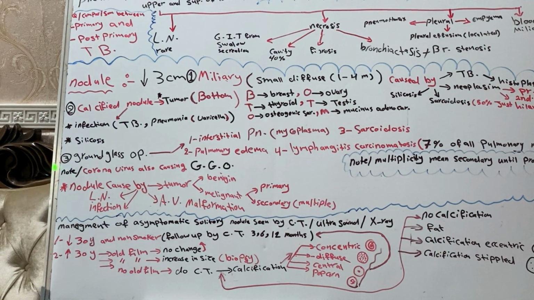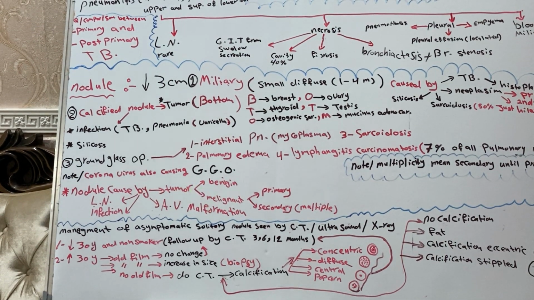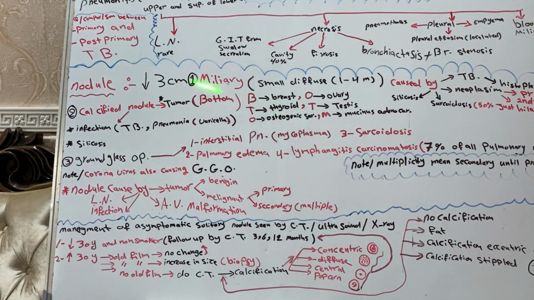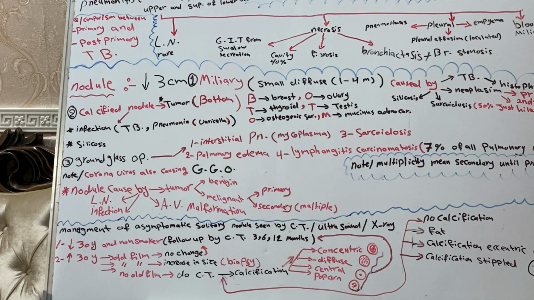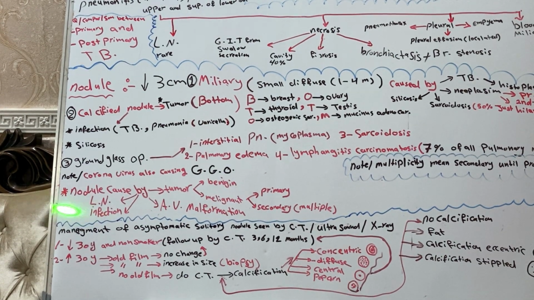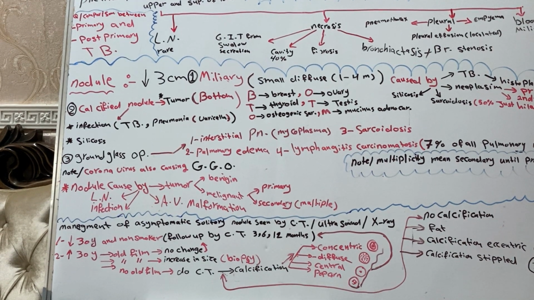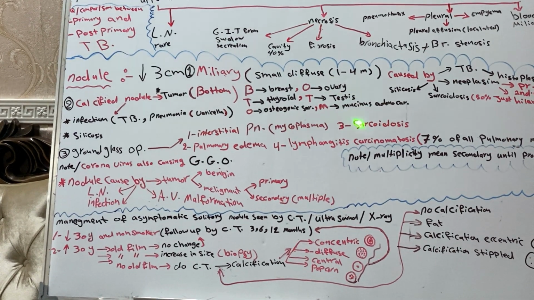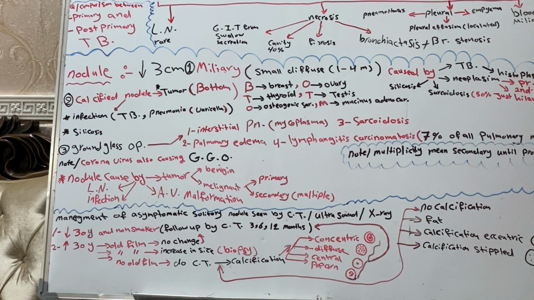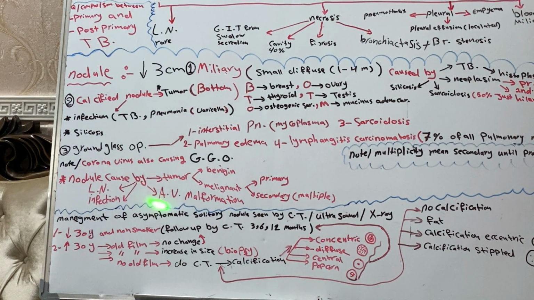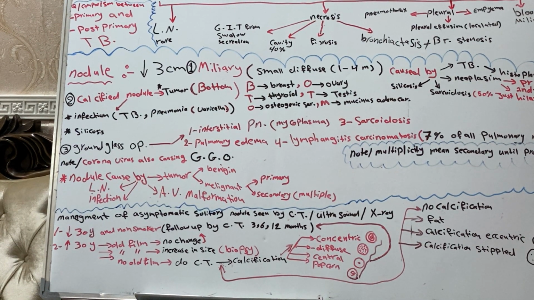So the nodule is caused by either tumor, benign and malignant, lymph node, or infection, with multiple causes of miliary, calcified, and ground glass nodules.